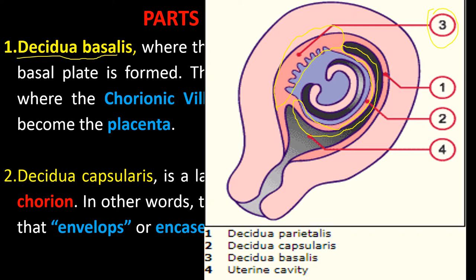So this part is the decidua basalis, and these finger-like structures connected to it are what we call the chorionic villi. And as time goes by, your chorionic villi will become the placenta.